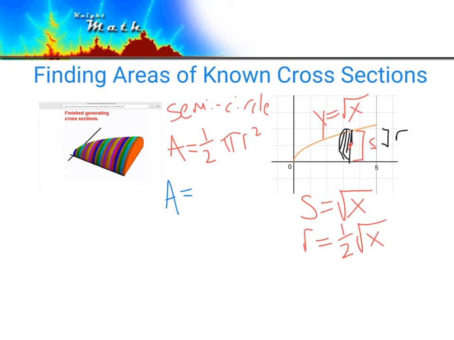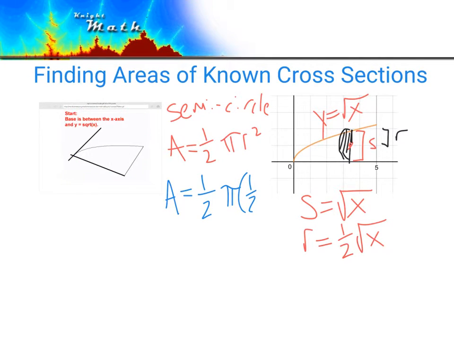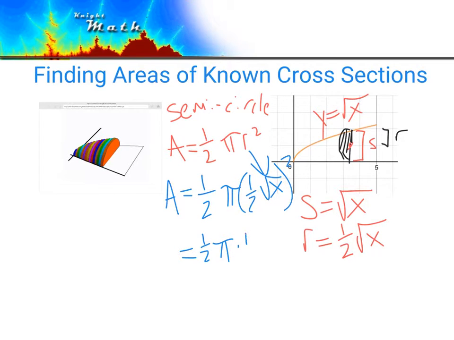The area of one slice, one cross section, is 1/2 pi times 1/2 square root of x, that's the radius squared. Now let's clean that up. 1/2 squared is 1/4. So we got 1/2 pi times 1/4, and the square root of x squared is x. So this is just going to be 1/8 pi x.